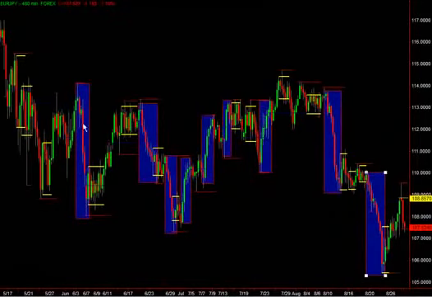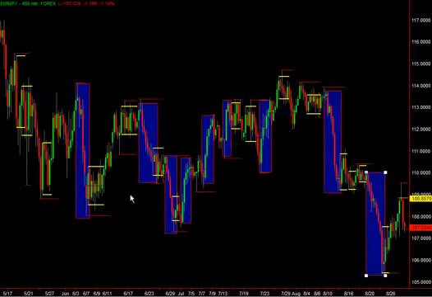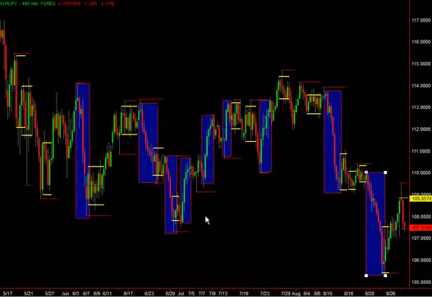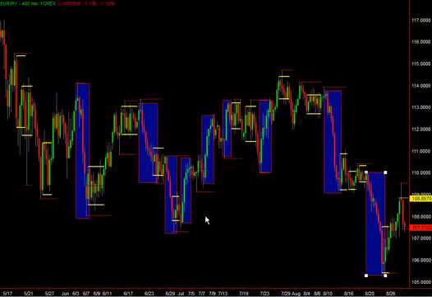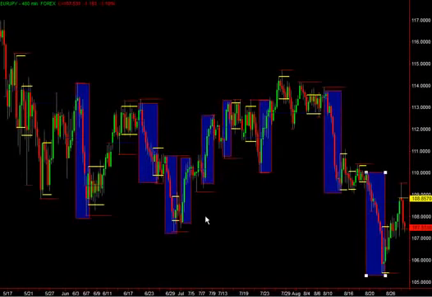So with that now done, I've just marked probably some of the most obvious ones off, but what we've done here is we've identified where the balance of power has changed. There's been a dramatic shift in buyers to sellers or sellers to buyers.